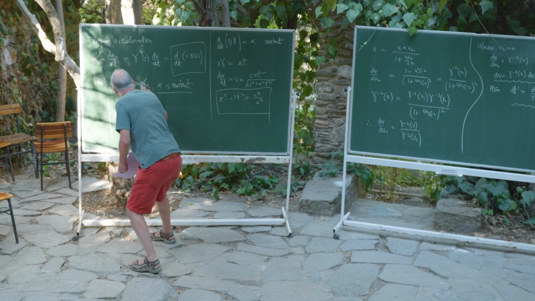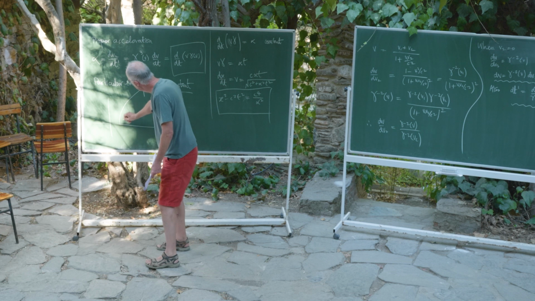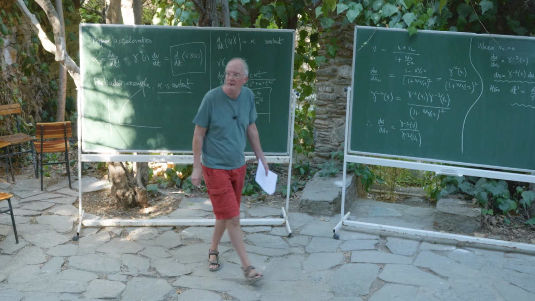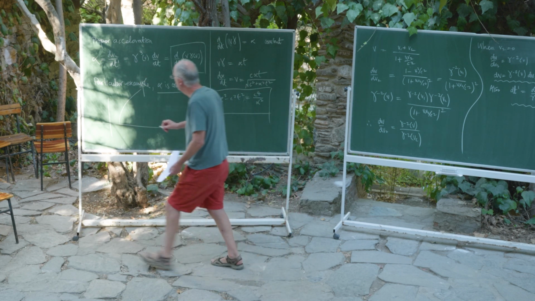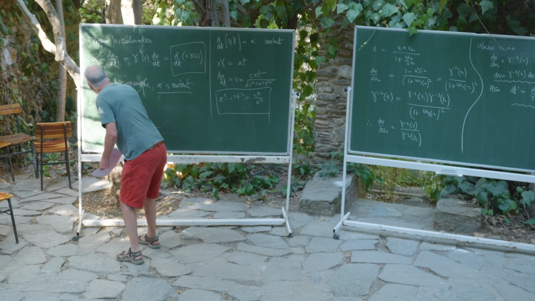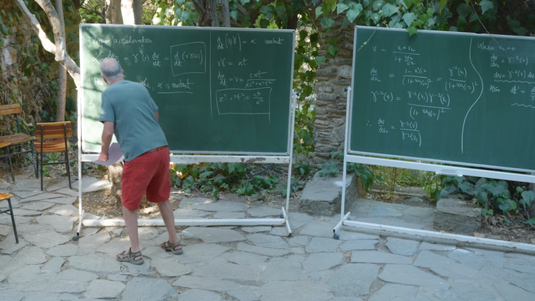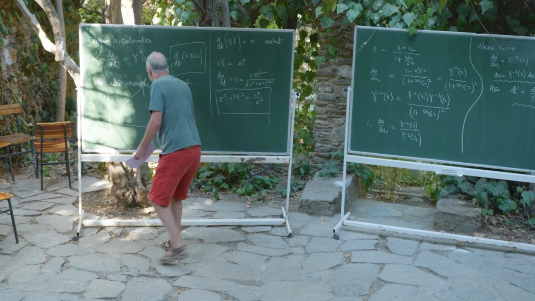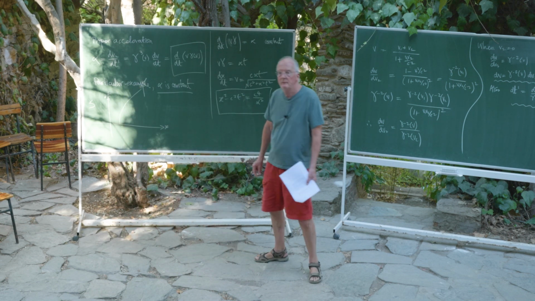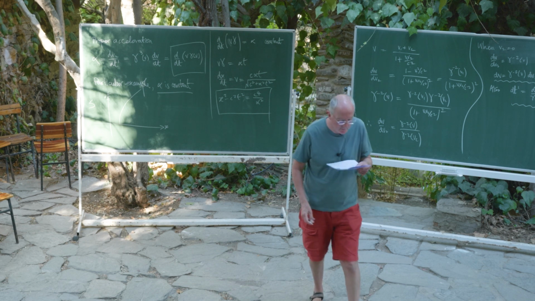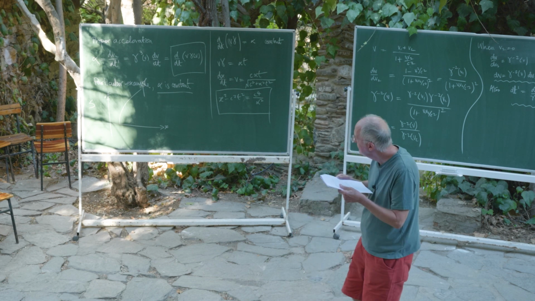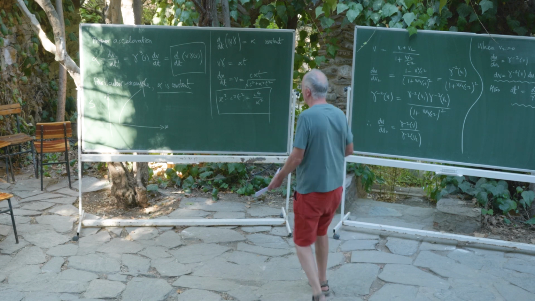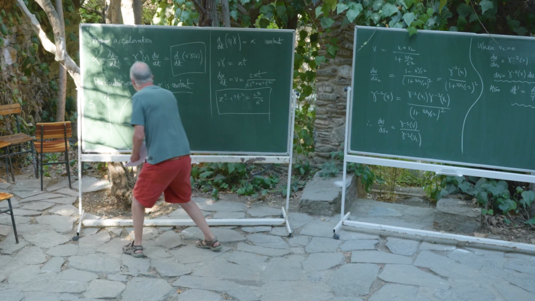It would be some hyperbola like that. That's your constant acceleration curve. So this is the world line of the particle. This is the frame S. This is t, or maybe it's ct probably, and this is x. So that's what constant acceleration looks like. And because it's a hyperbola, it's called hyperbolic motion.